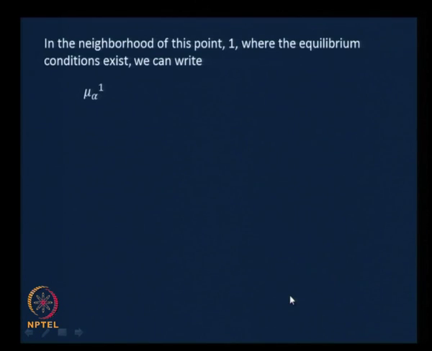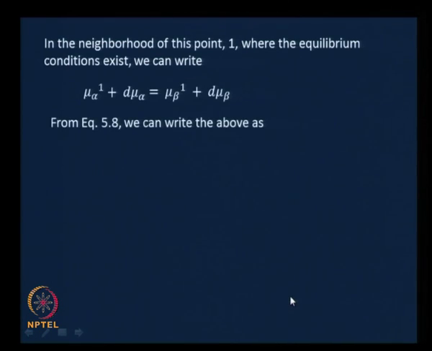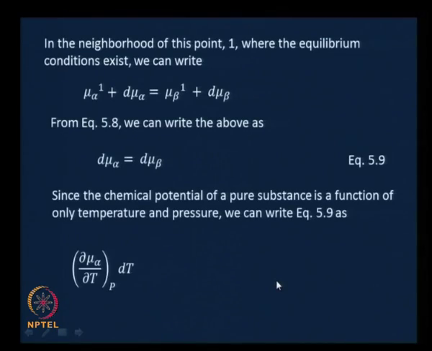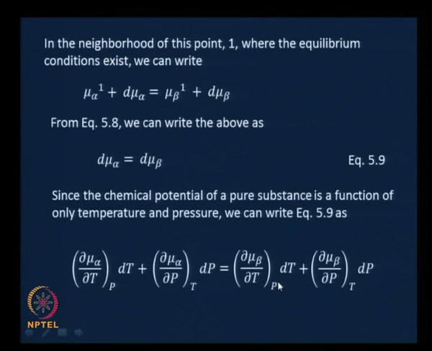And we went about deriving the Clausius-Clapeyron equation by using the condition that those two phases are in equilibrium, and therefore the chemical potentials have to be equal. That is where we started, and then we equated the differentials of the chemical potential, and we expressed them as functions of temperature and pressure because they are easily measurable.